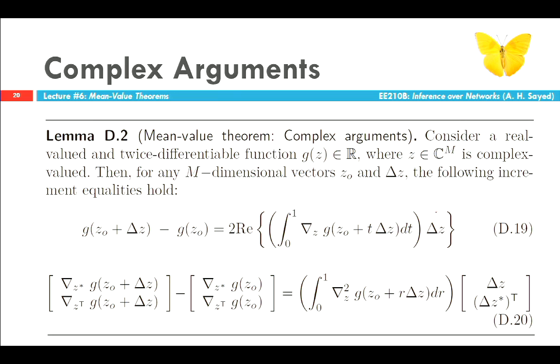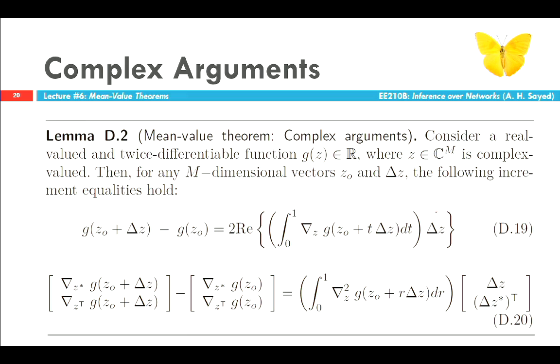Now, what's interesting about this is the extension of the mean value theorems to the complex case, right? In the real case, I don't have this. In the real case, I only have one line. I only have the gradient relative to z, and the Hessian.